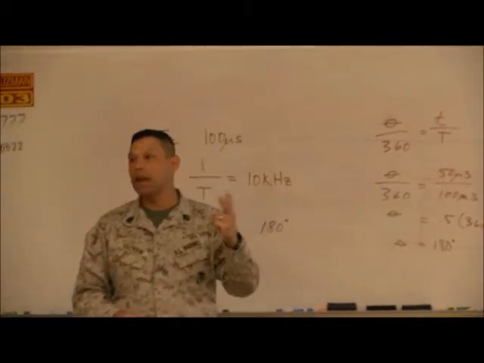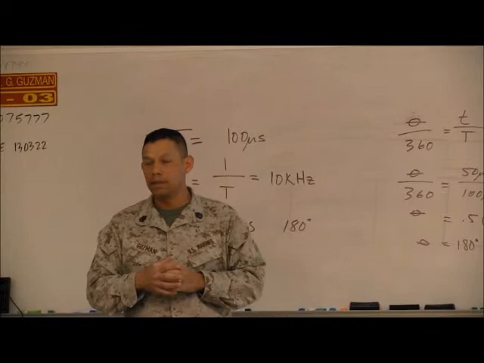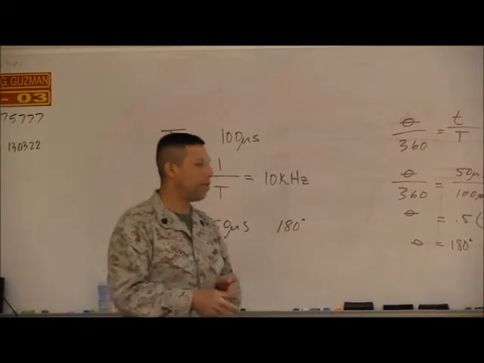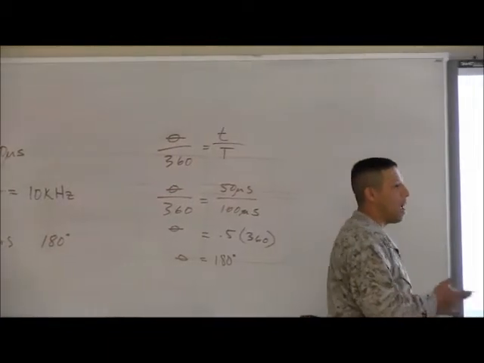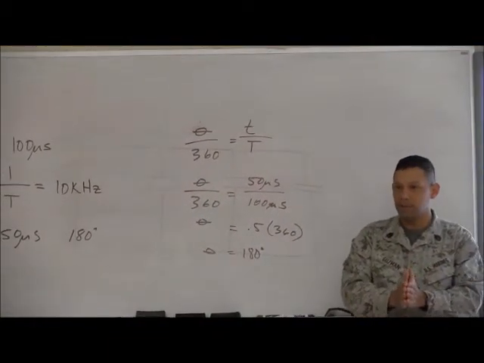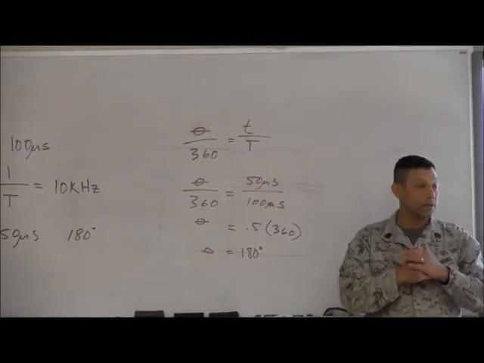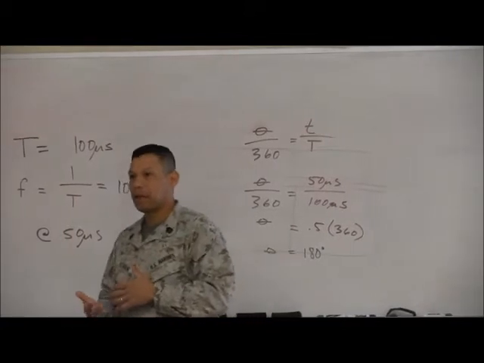Those are the only 2 numbers that I have to remember. Everything else is easy. I can go from peak to RMS, peak to peak, or RMS to average if I just reference my peak values, come back to peak, and then go to where I need to go. Okay, does everybody understand?